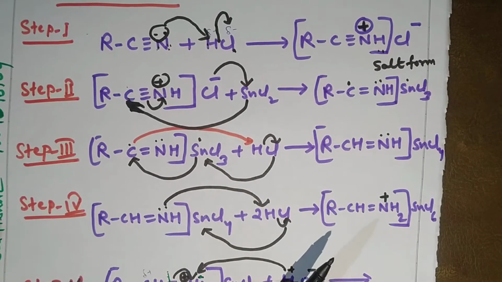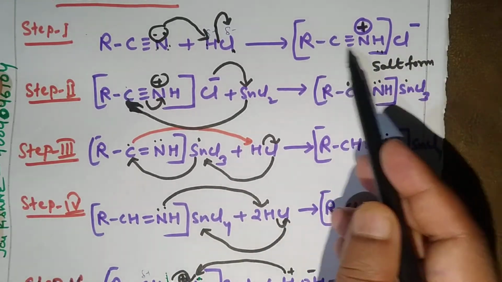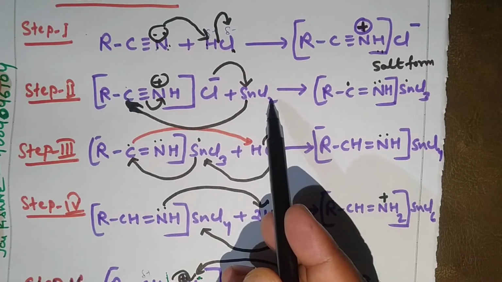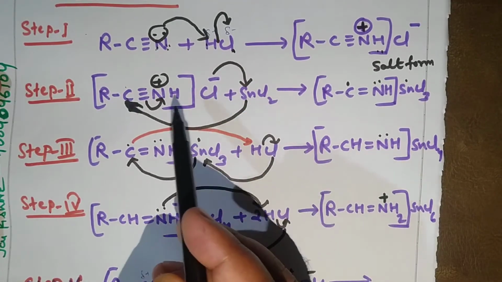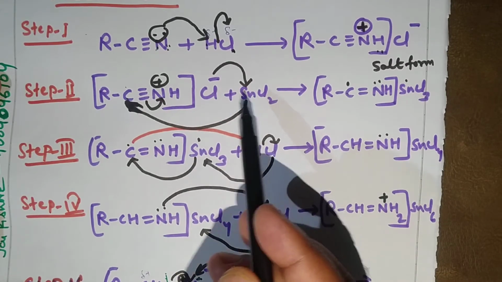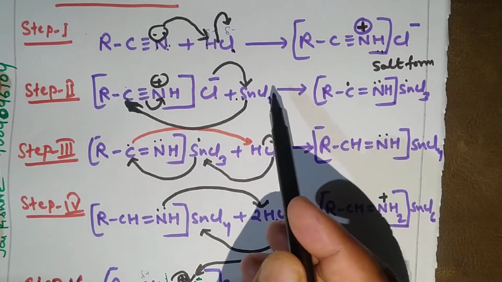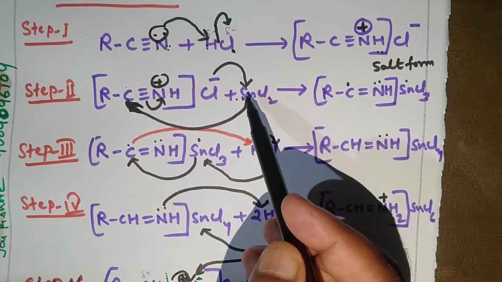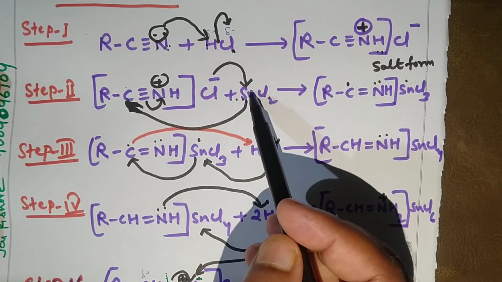After that, in step 2, this complex reacts with an SnCl2 molecule. As I have told you in the reaction, SnCl2 reacts with the compound. In SnCl2, Sn converts from +2 to +4, which means it has 2 electrons.